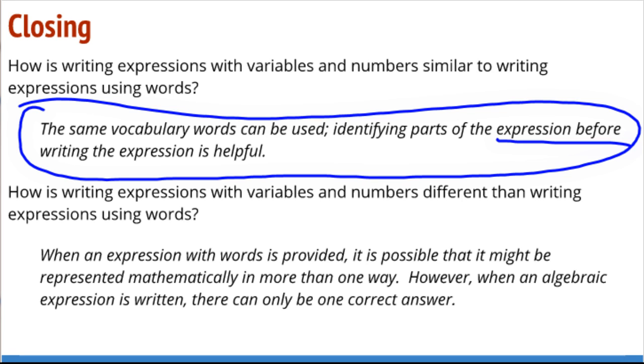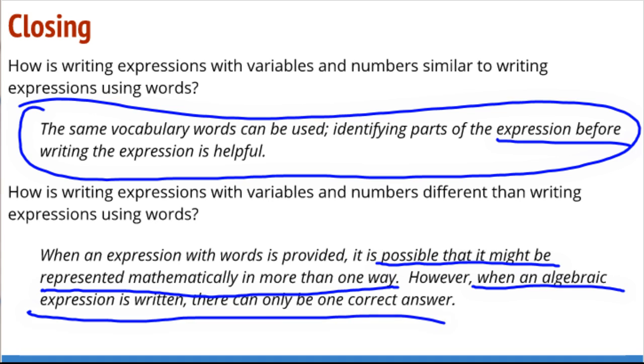When an expression with words is provided, it is possible that it might be represented mathematically in more than one way, and this gets back to the confusion. We looked at a couple of examples where we read it and we thought, oh, it could mean this, oh, it could mean this. When we write expressions algebraically using numbers and symbols and variables, and we skip the word part, we have to follow the order of operations. It makes it very clear what needs to happen.